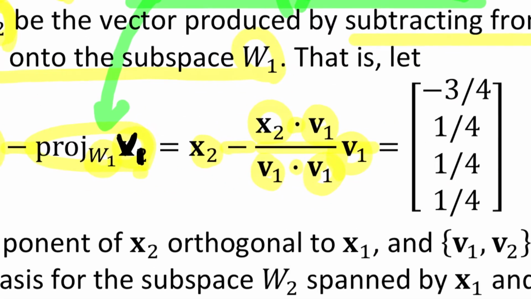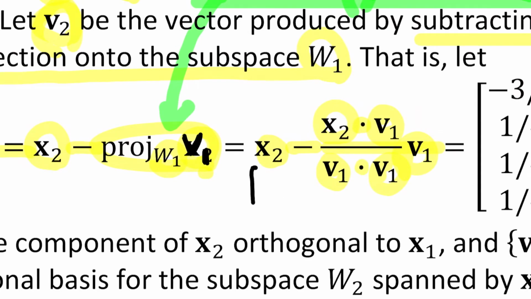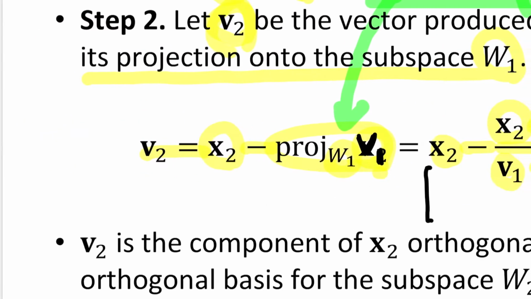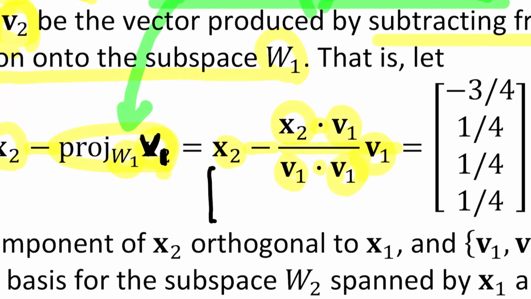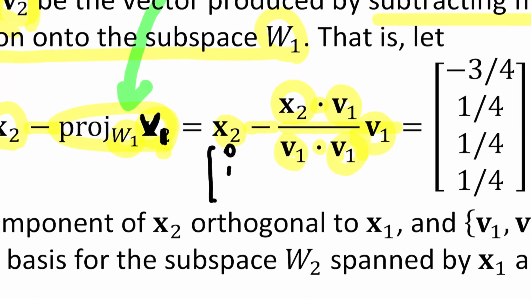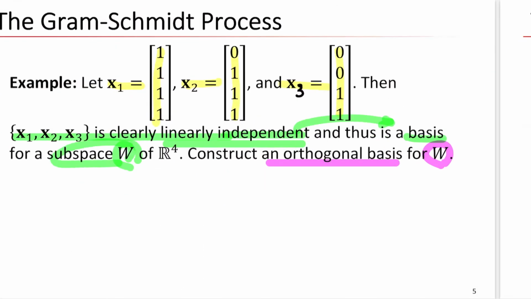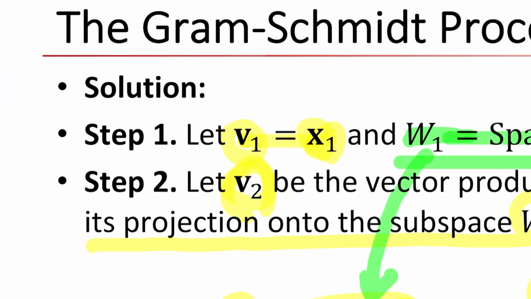So how can I compute this one? x2 is equal to 0, 1, 1, 1, and v1 is 1, 1, 1, 1, right?